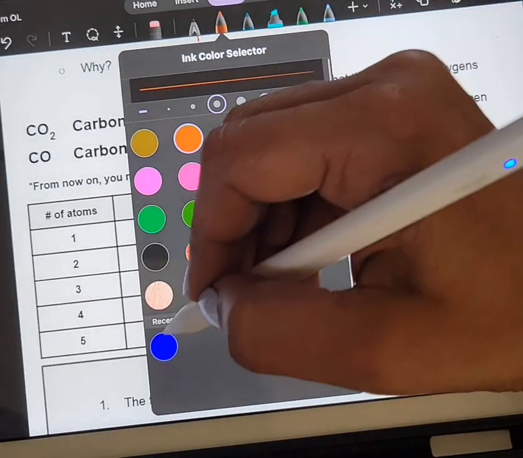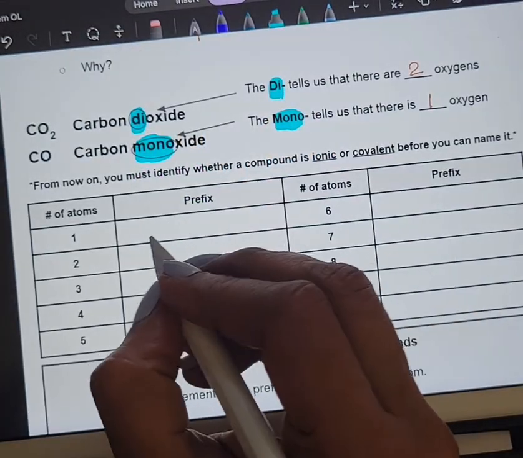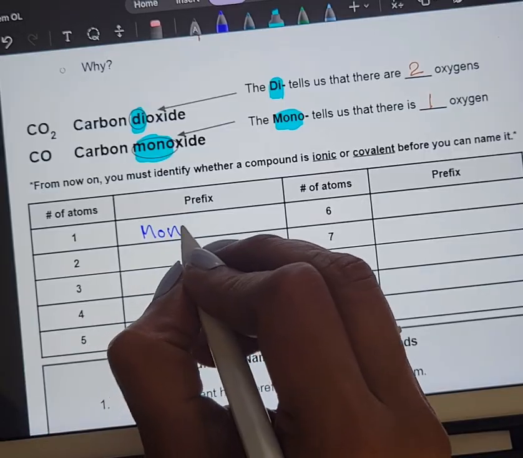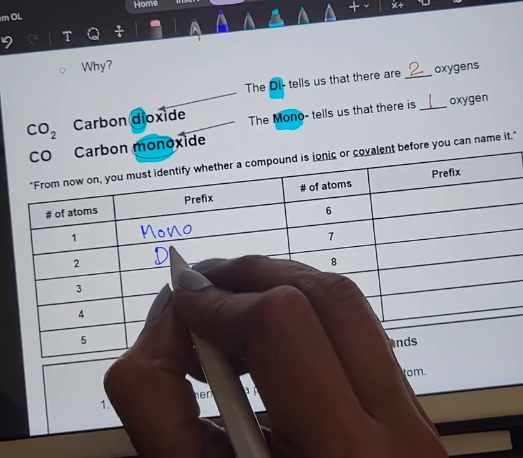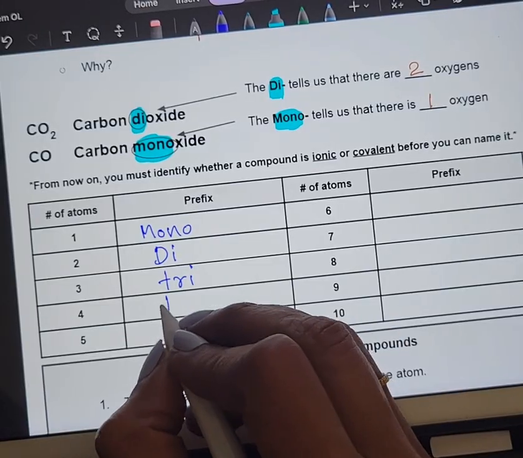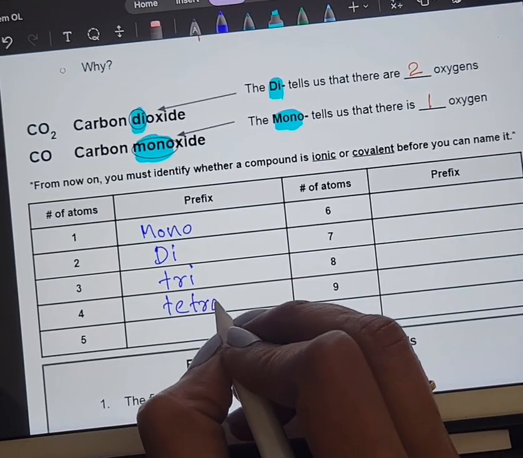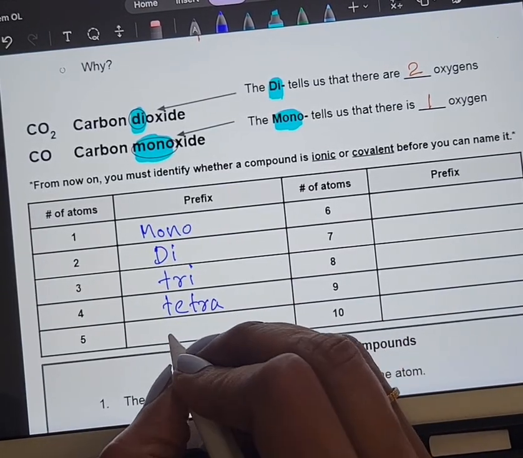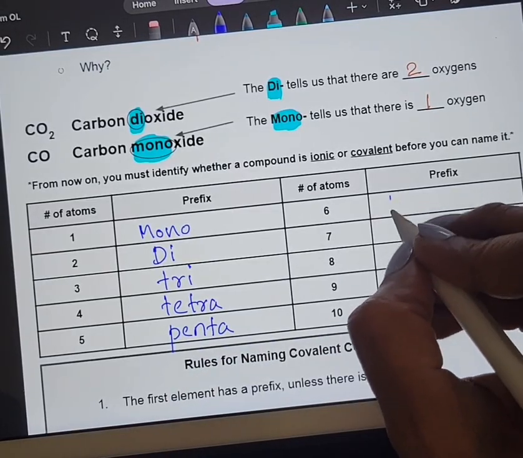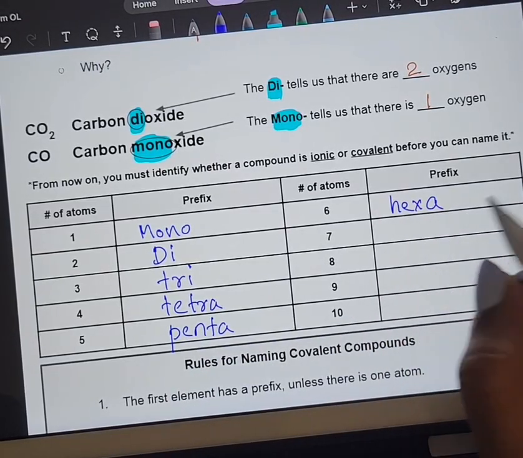Let's go and pick another color. Okay, so the prefixes we are using: for 1, it is mono. 2 will be di, 3 will be tri, then 4 will be tetra, like tetra pack juices, okay? Pentagon, 5 is penta. Hexagon, 6 is hexa.